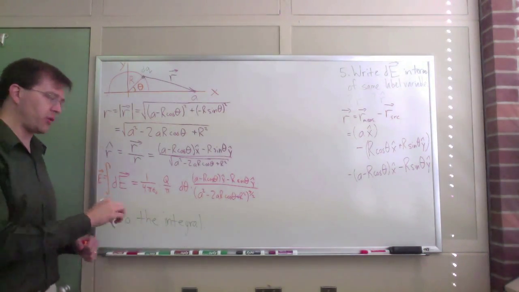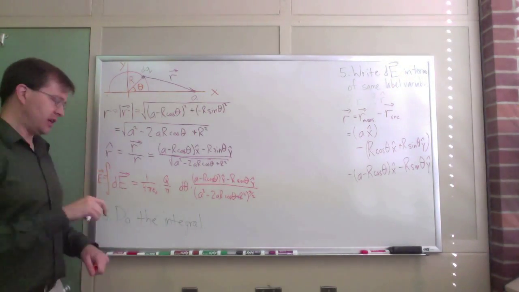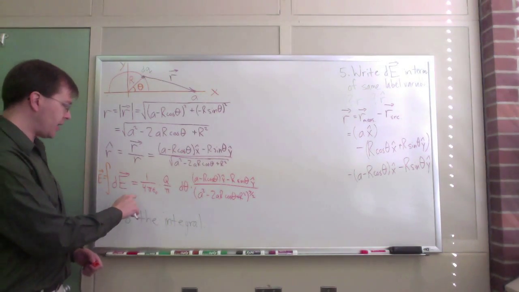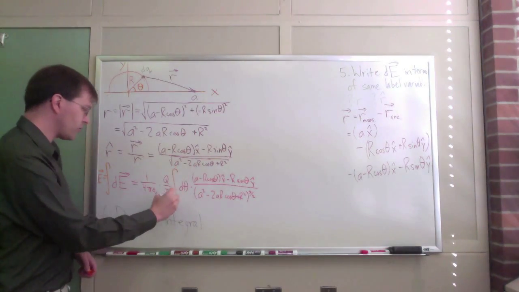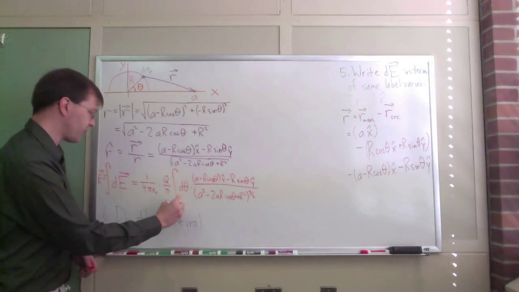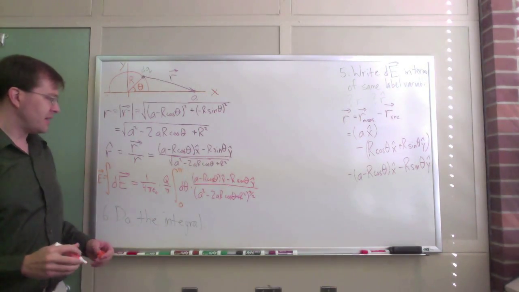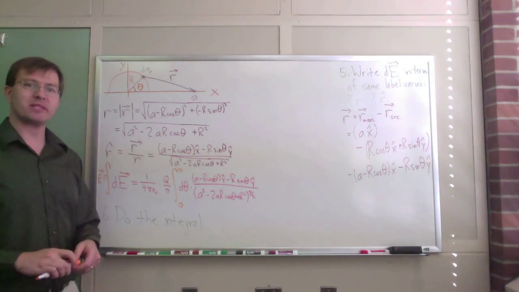This is just calculus speak, right? dE is a little bit of electric field. Integral means add up all the little bits of the electric field, and you get the total field. On this side, these are all constants, so I can just put an integral sign here. My limits of integration are theta from 0 to pi. And I've got this integral. All I have to do is evaluate this integral, and I'm set.